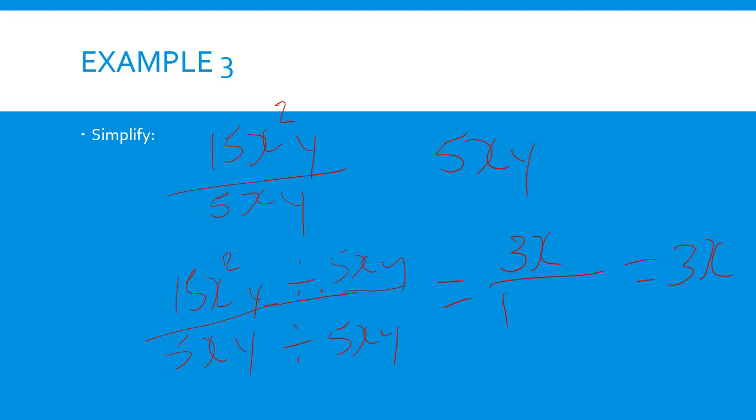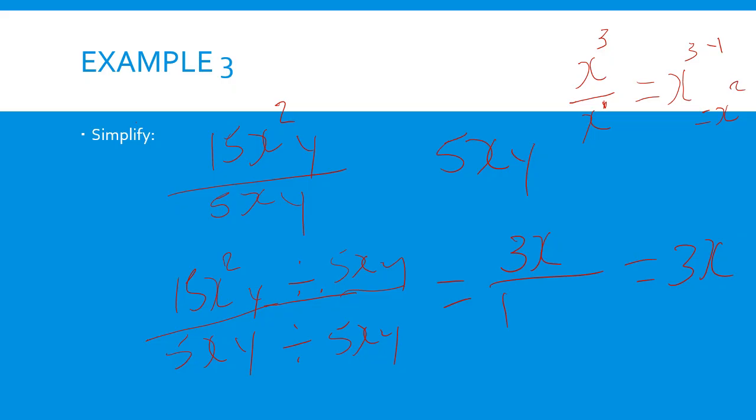For persons who don't remember, when you are dividing, if you have x cubed divided by x, there is an invisible 1 right here. So what you're simply doing is subtracting. You're subtracting the powers, 3 minus 1, and your answer would become x squared.